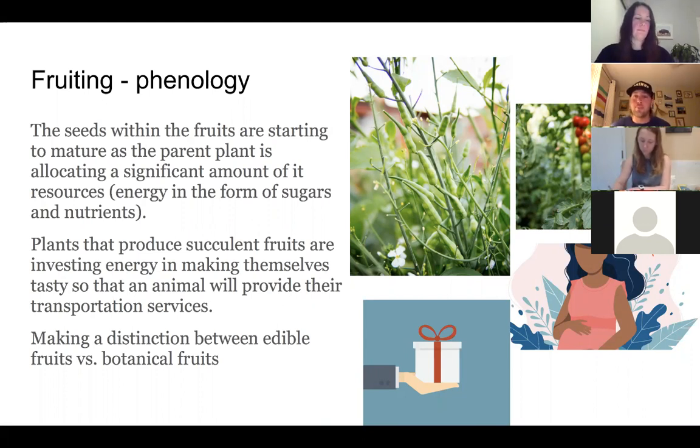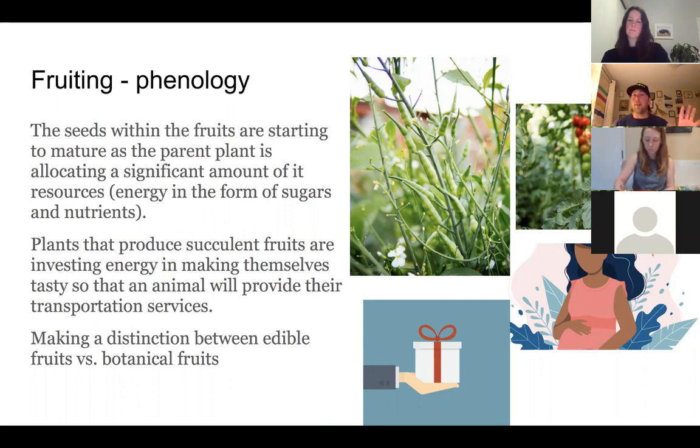I also have to take a second here to make sure that when I say the word fruit, I know we're all thinking about an apple or a pear or a tomato, but in the future I'm referring to botanical fruits, which includes all the dry fruits too.